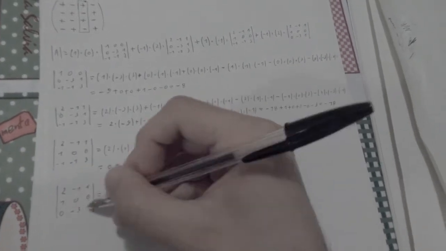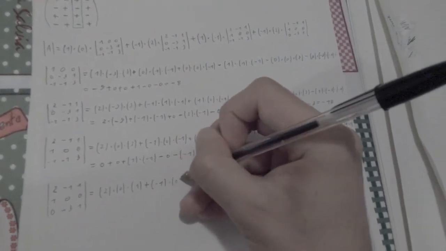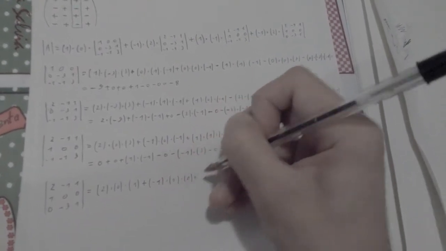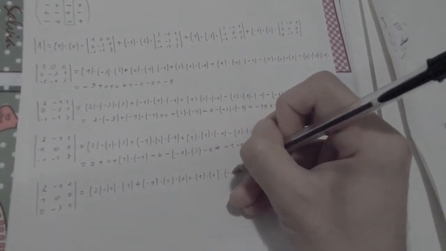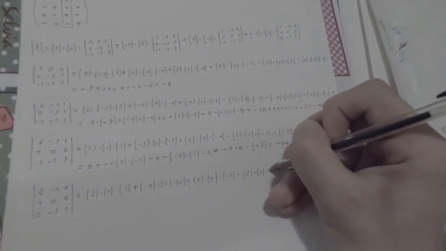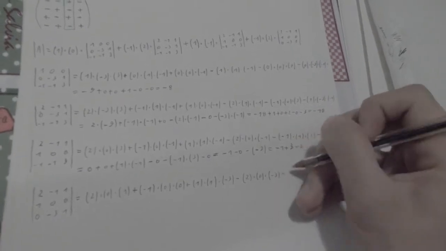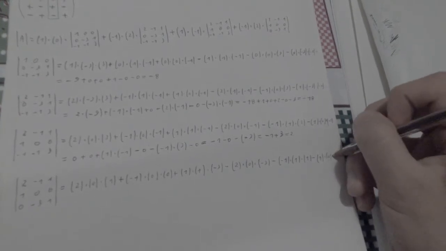So 2 times 0 times 1 plus -1 times 0 times 0 plus 1 times 1 times -3 minus 2 times 0 times -3 minus -1 times 1 times 1 minus the other diagonal, which is 1 times 0 times 0.